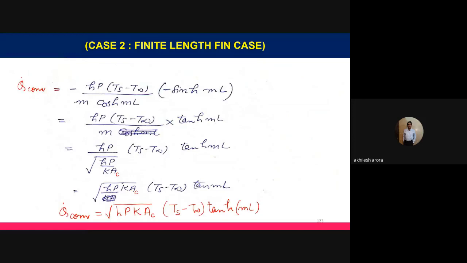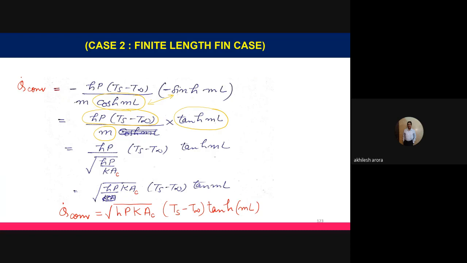The final answer comes out to be hP (Ts minus T infinity) divided by m times tanh(mL), because cosh(mL) is here and this is the sinh(mL).